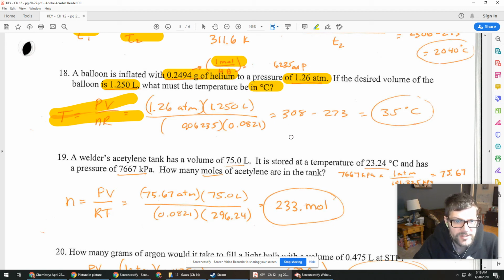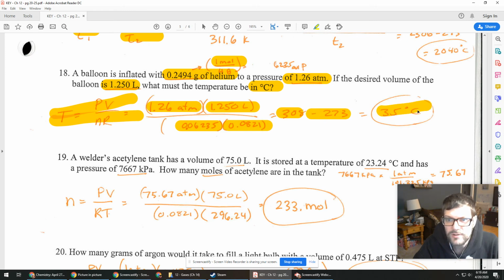Looking for the temperature in Celsius. So we're going to solve for temperature, plug in our atmospheres, our liters, our converted moles, and our gas constant. We get out a temperature, that's going to be Kelvin, subtract 273, and there you have your Celsius temperature.